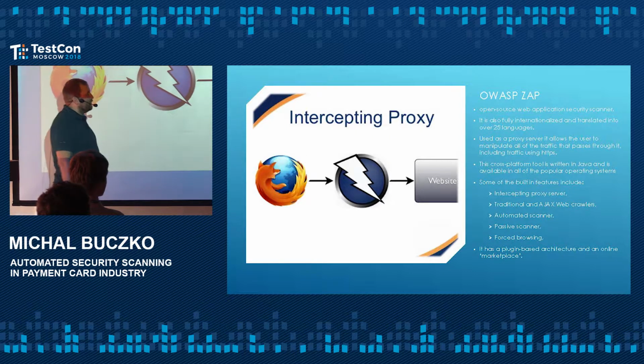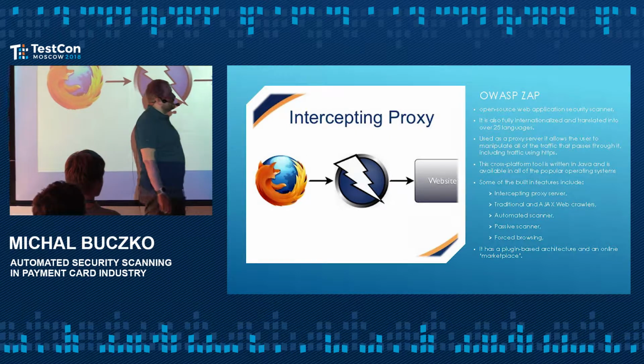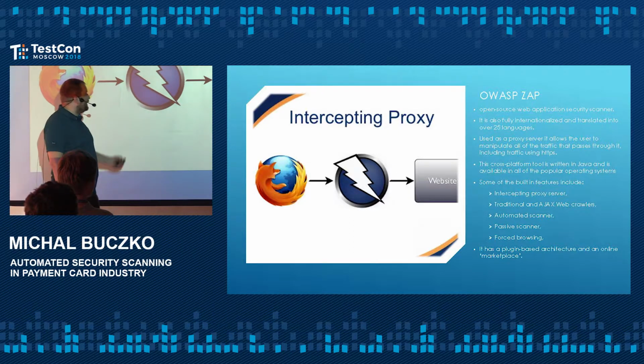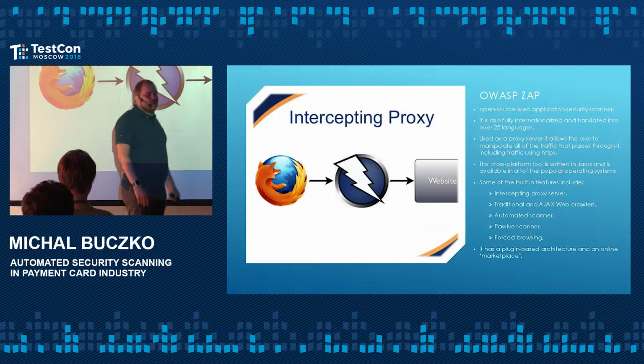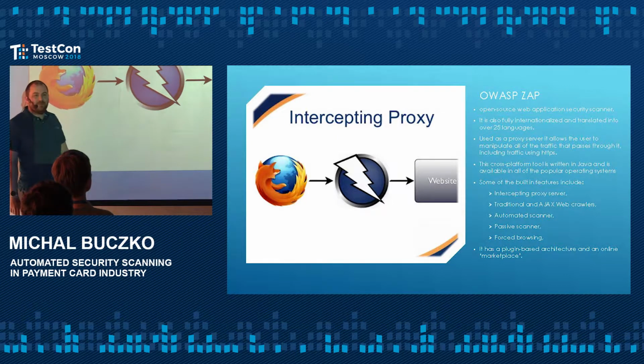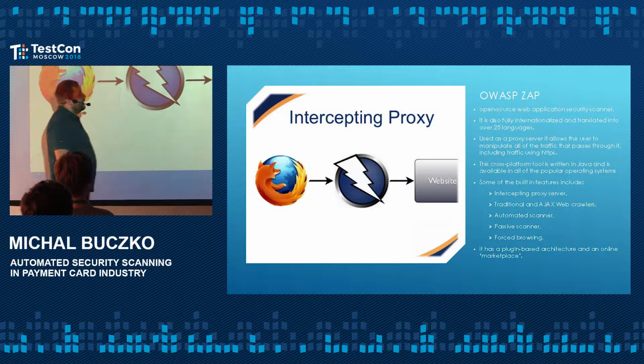It's cross-platform, so it's written in Java, but it's basically available to use in any operating system. So you can run it on Windows, you can run it on Linux, like Kali Linux is an example of a distribution which already has ZAP and Burp Suite embedded, and a lot of other different security tools.